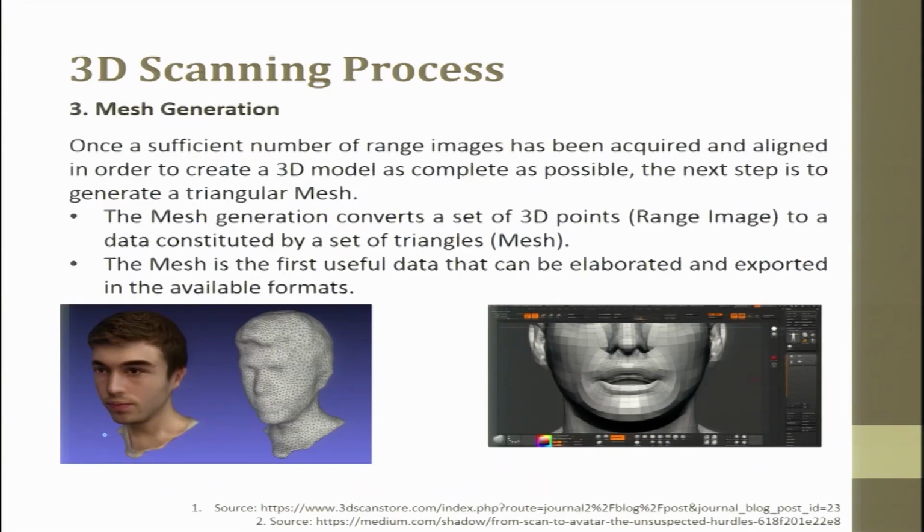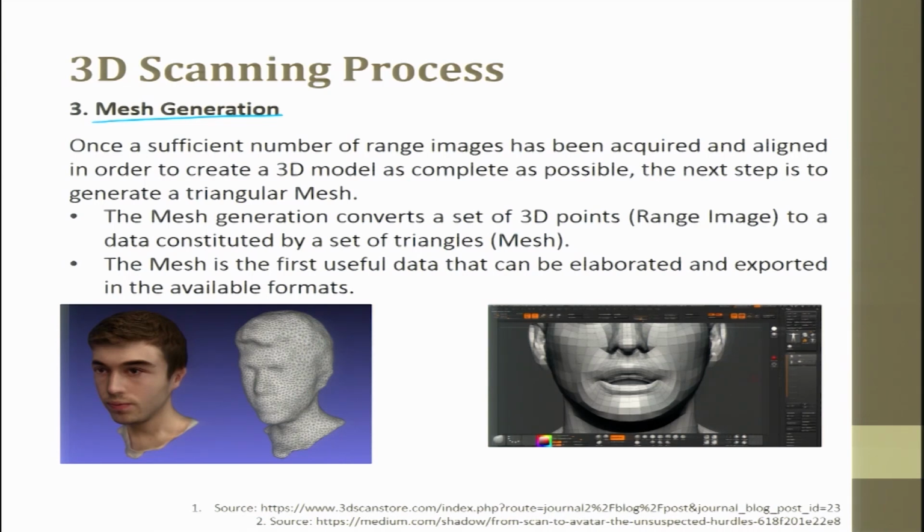Then from the data you have got, first you have acquired the data, then you have aligned the data. Now, you have to get the point data into surface data. When you have to do it as surface data, we will always try to do a mesh generation.